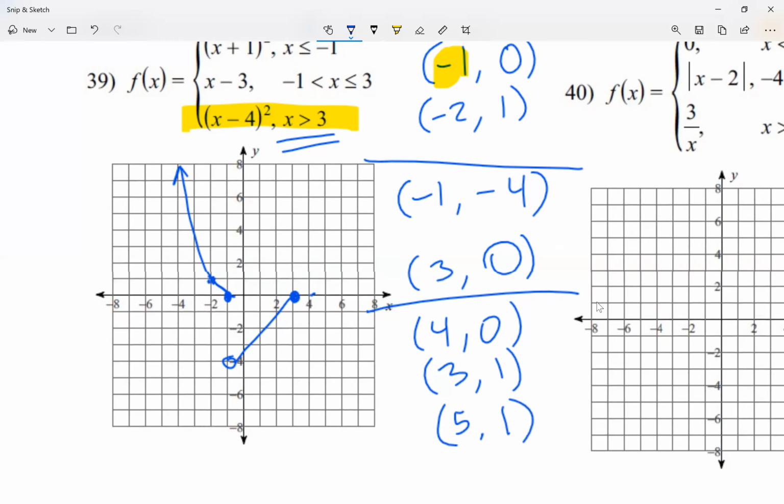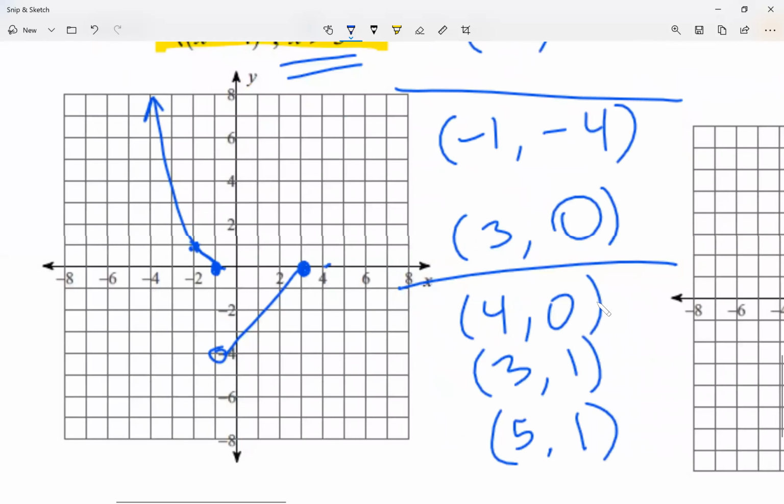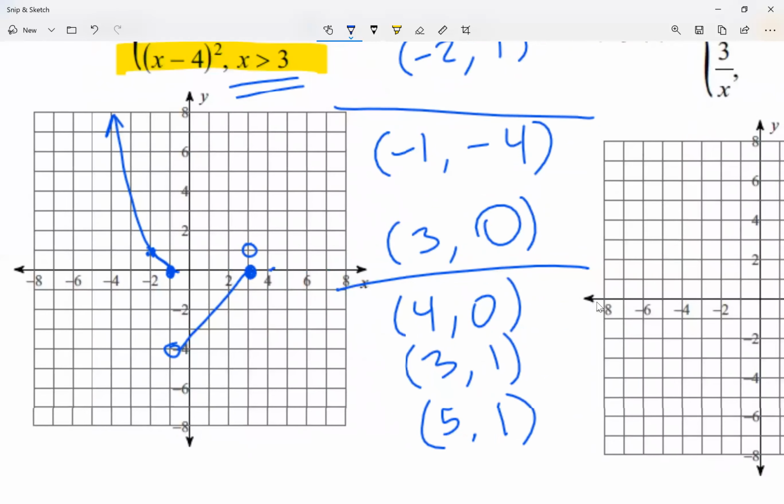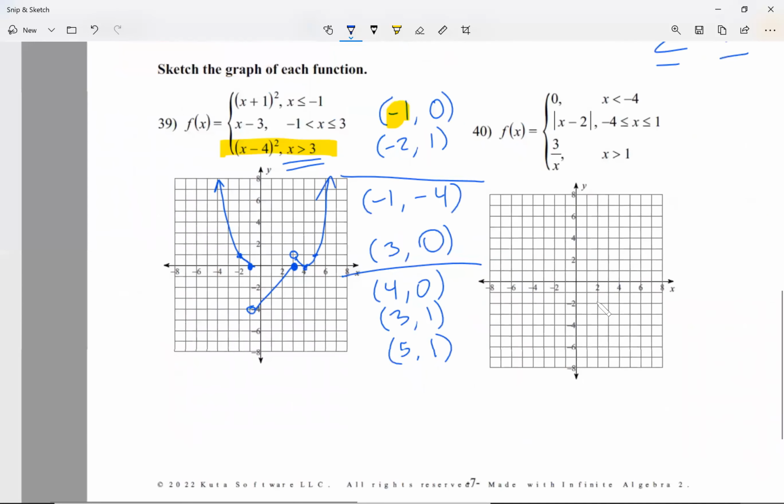Let me plot this point. My point (3, 1) is an open circle. Let me zoom in here. (3, 1), it's about here. That's an open circle. My point (4, 0), and my point (5, 1). There you go.